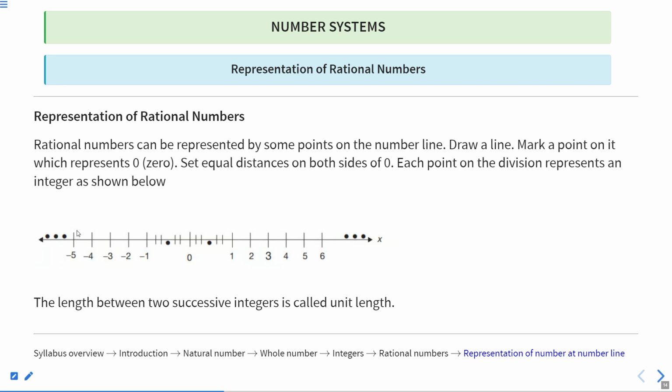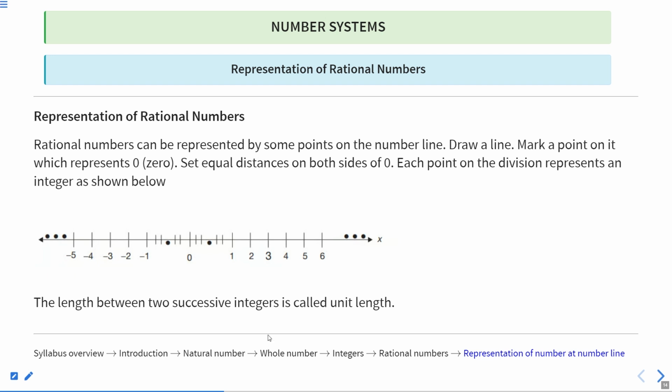We place 1, 2, 3, 4 on the right hand side of 0, and -1, -2, -3, -4 on the left hand side, and so on. Then we set equal distances on both sides of 0.